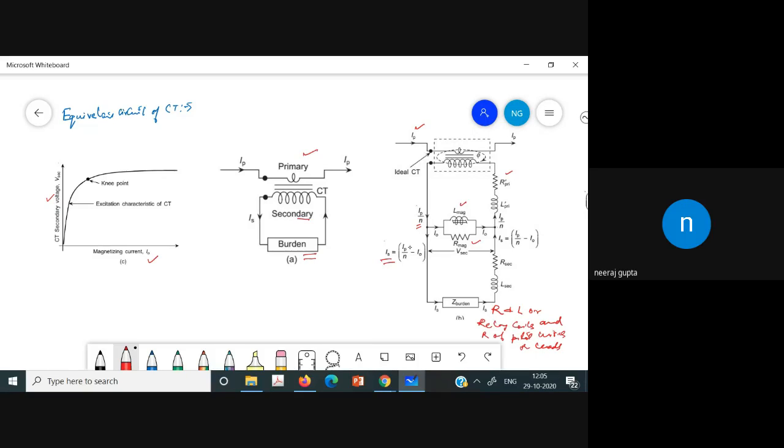So this burden contains that. And as you know, this current is transformed on the secondary side, and N is the transformation ratio in that case, and I naught is the magnetization current.